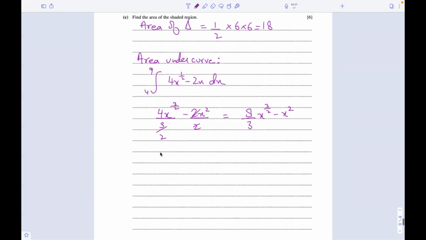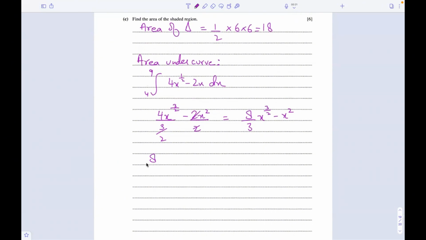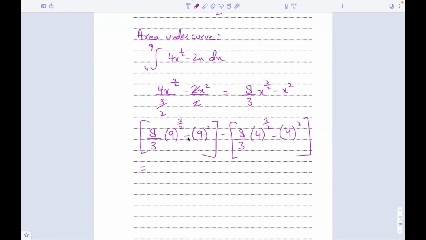Now substituting the limits, first we'll substitute 9 into the equation, we'll get 8/3 times 9 to the power 3/2 minus 9 squared. And then we'll subtract the lower limit, which is 4: 8/3 times 4 to the power 3/2 minus 4 squared. We can just substitute all these values in a calculator.